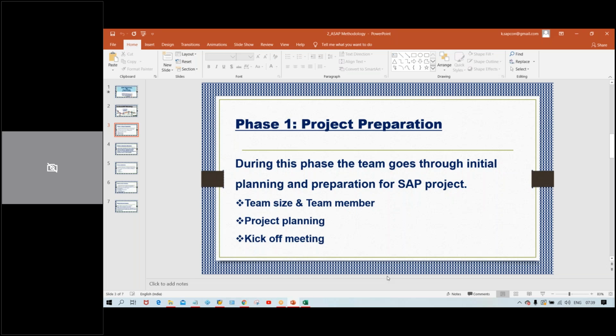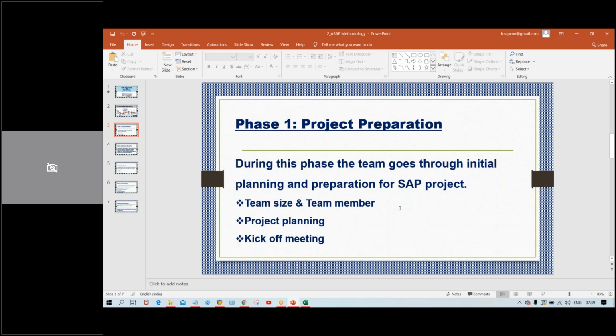Now here, right now, it is not a team, because right now only one guy is there, the project manager. So first of all, he has to plan for what? Team size and team members. As I told you guys, the project manager got appointed and alone he cannot do the implementation at all, right? So the project manager needs a team. The project manager is just going to monitor the progress of this entire project, and so a team is required. So what should be the team size?